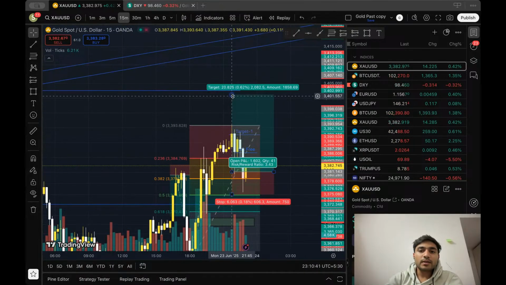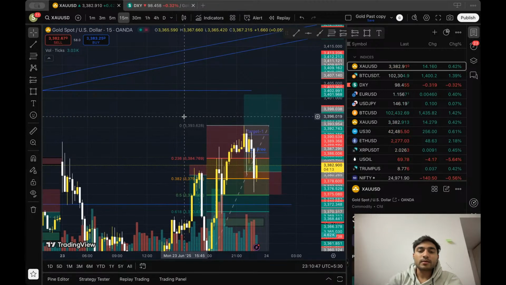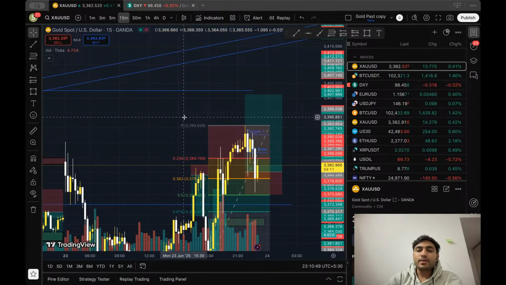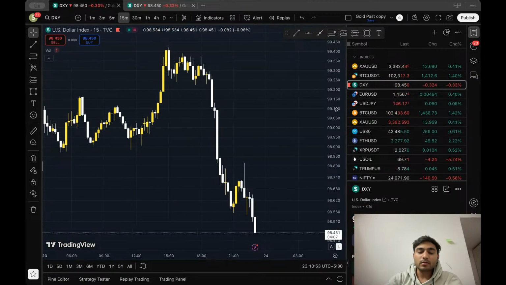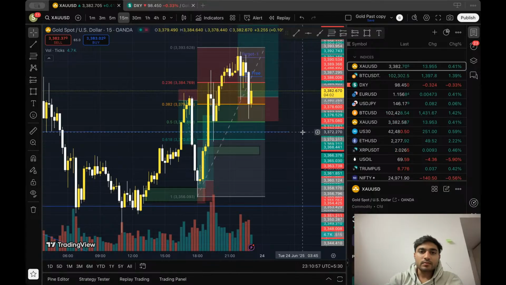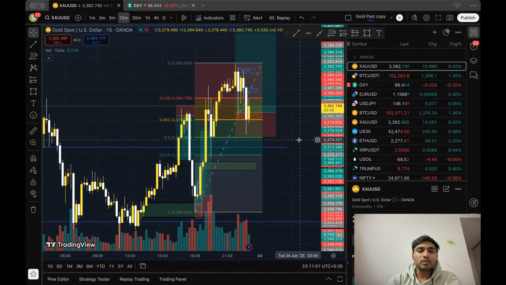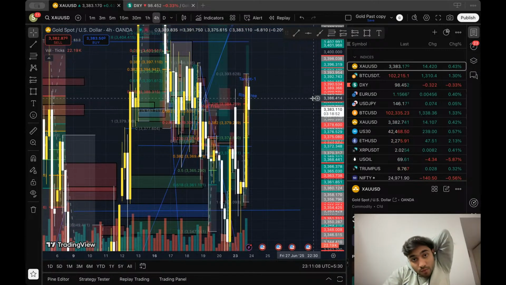400 is a little bit overwhelming, but it could be possible if DXY is okay. DXY is falling, so now gold should give us good momentum.